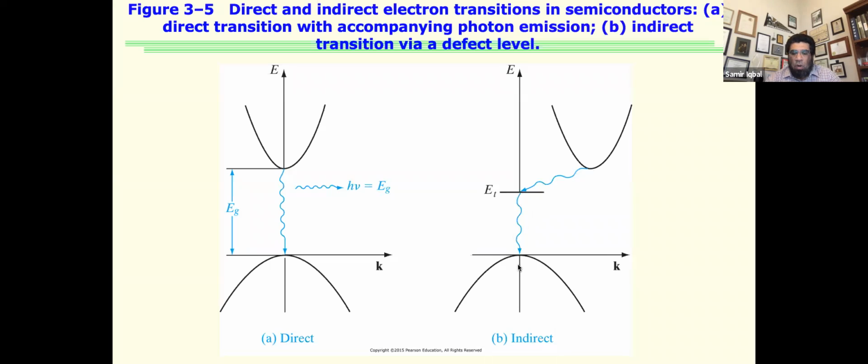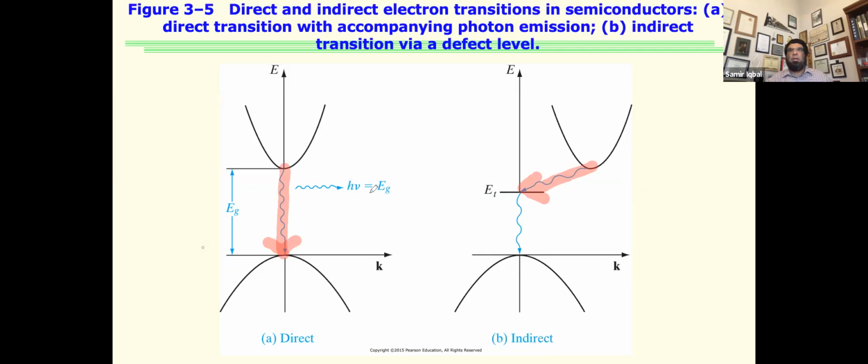So what these diagrams tell us is whether an electron can jump without a momentum change or not. This k space change is associated with the loss or gain in momentum. So this one is not an energy change, it is a momentum change, whereas this is a direct energy change.